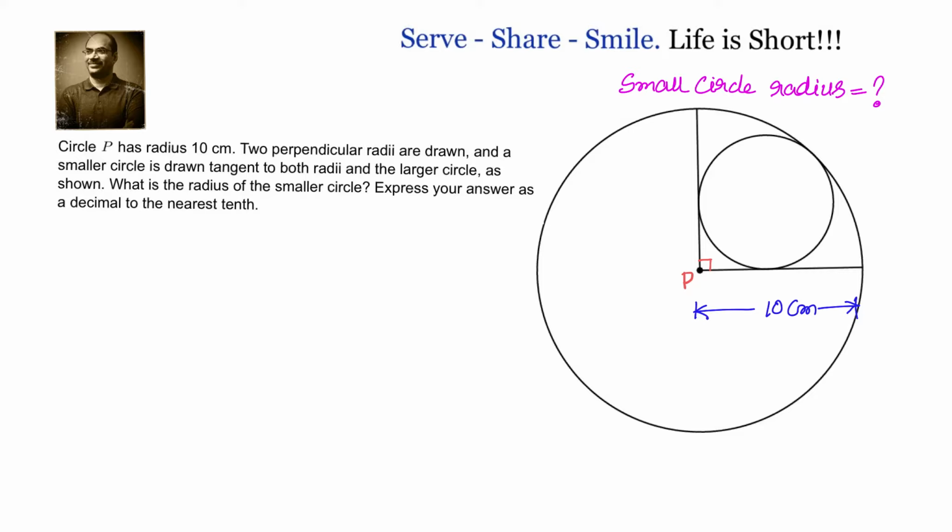So what I will do to start with, I will try to join the center of the bigger circle to the point of contact between the small circle and the big circle.